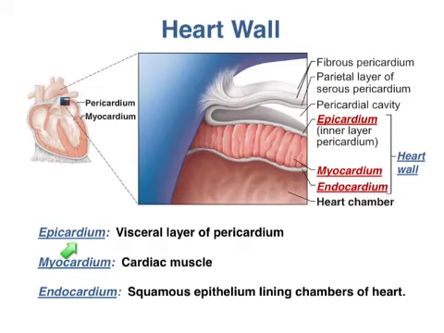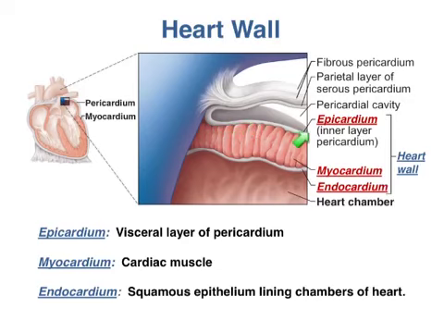You also have a layer of squamous epithelium lining the inside of the heart called the endocardium. Endo means in, so this is the internal layer of the heart wall. Looking on the diagram over here, you have the endocardium there and the epicardium there.